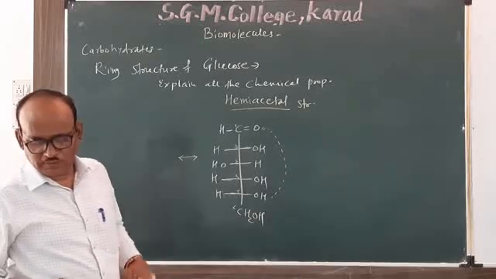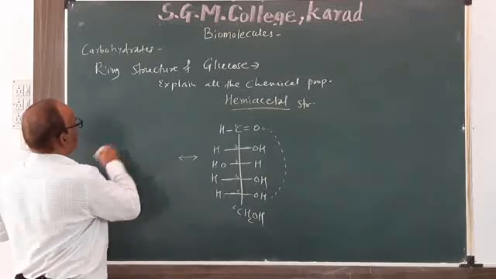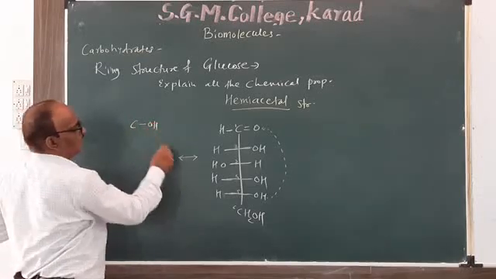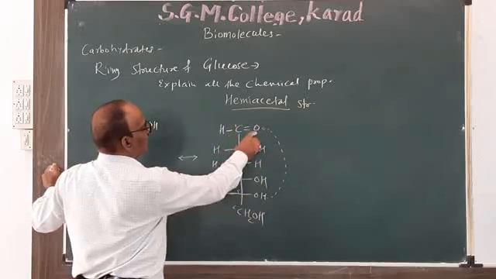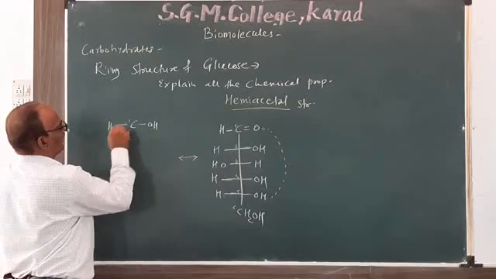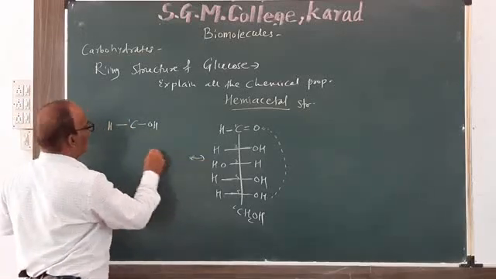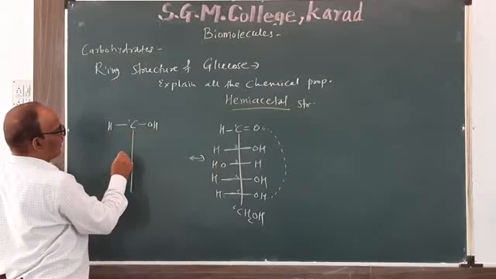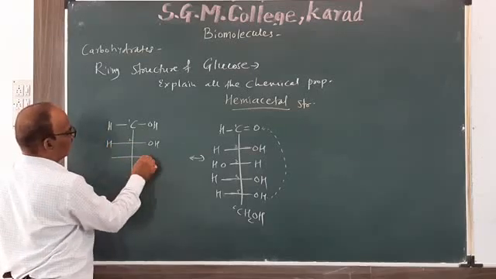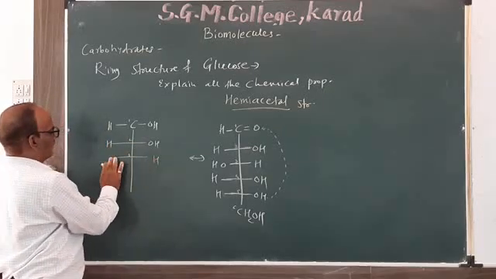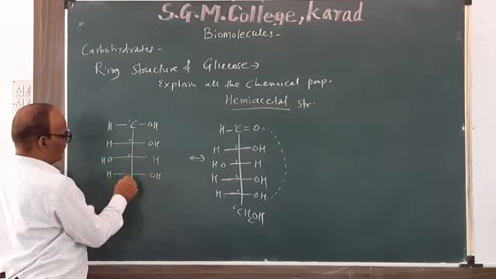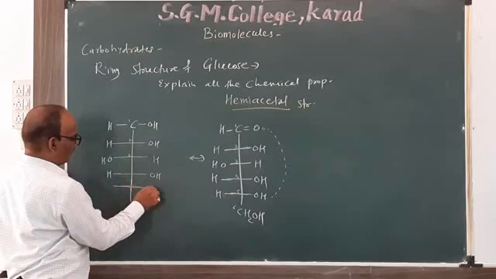First we draw the structure of the alpha anomer. Here the OH group is formed because this H bonds with the carbonyl oxygen, then this double bond breaks. This is carbon number 1. Then draw the vertical line, the remaining part as it is: second carbon, third carbon, H, OH, fourth carbon, OH, H, and carbon number 5.